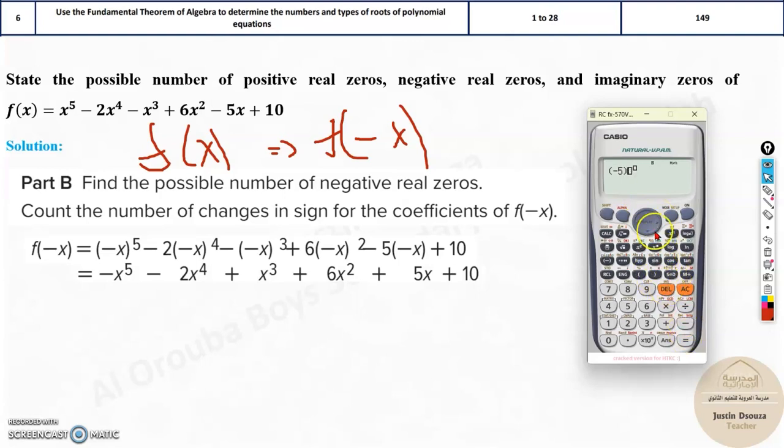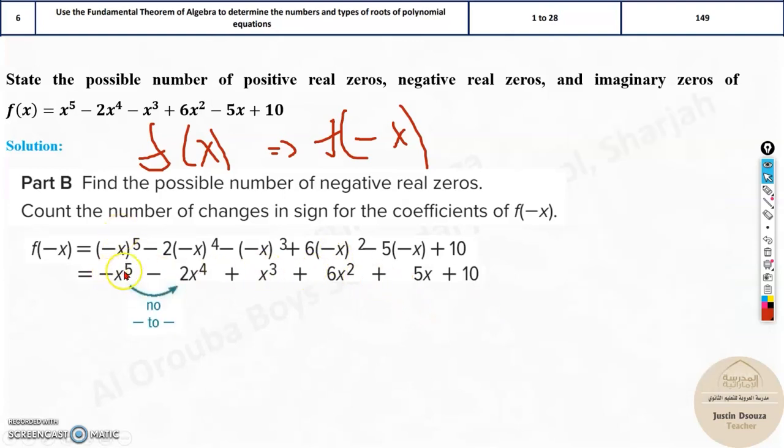Now it's minus, right? But now let me make it an even power. It's always positive. So over here negative remains, over here positive, and this minus sign remains.